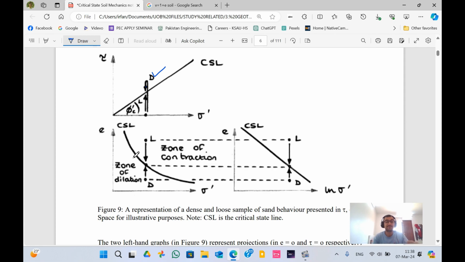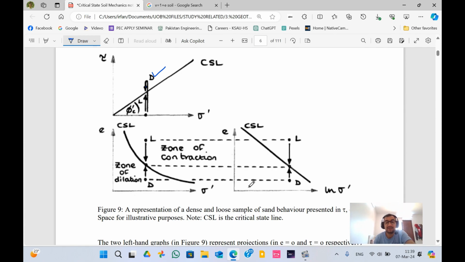In this curve you can see the loose soil: if you apply a lot of stress over it, it will eventually reach the critical state line from above, and dense soil will reach it from below. And this is the zone of dilation, because dense soils will dilate, as I have already explained in the previous concept, and loose soils will eventually contract.